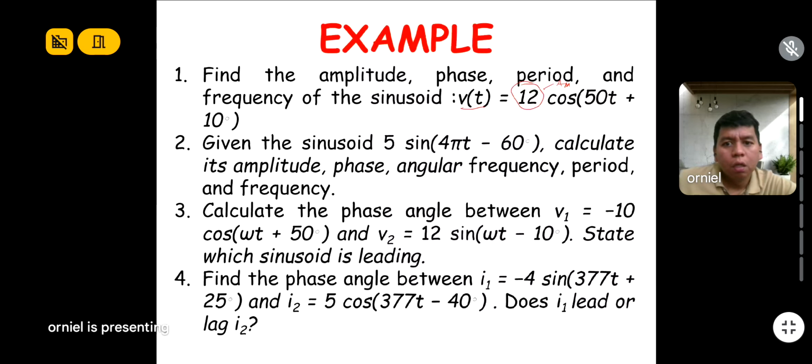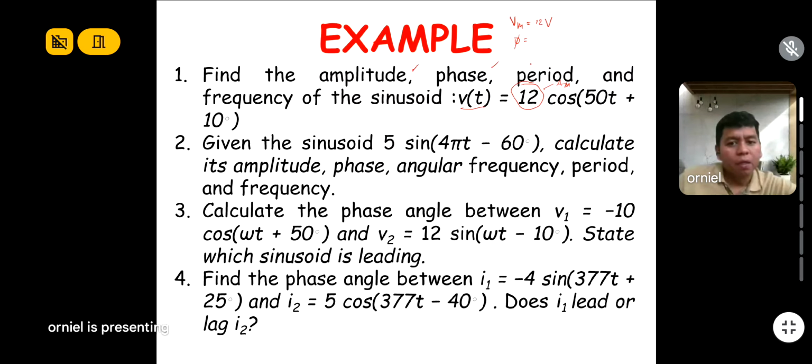So Vm will be equal to 12 volts. That's one, we are done for the amplitude. How about the phase? What is the angle here? 50t plus 10.